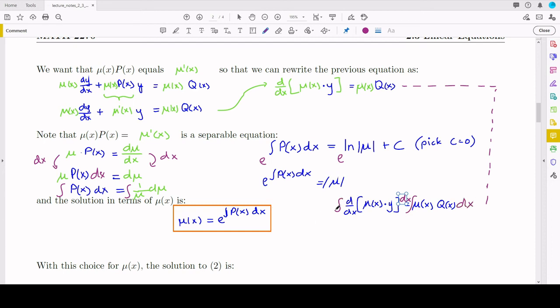And once you integrate, you cancel the derivative. And so on the left, we have mu of x times y equals the integral of mu of x times q of x dx.